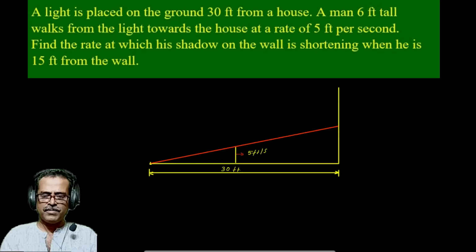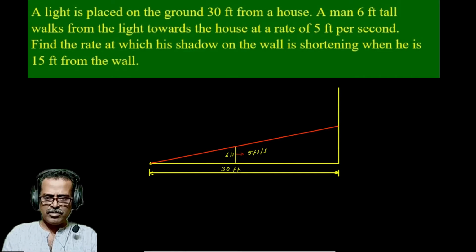A man 6 feet tall walks towards the house at the rate of 5 feet per second. Find the rate at which the shadow on the wall is shortening when he is 50 feet from the ball. So this is 15 feet and this is 15 feet, total 30 feet. So we can take any one of them, this is 15 feet.